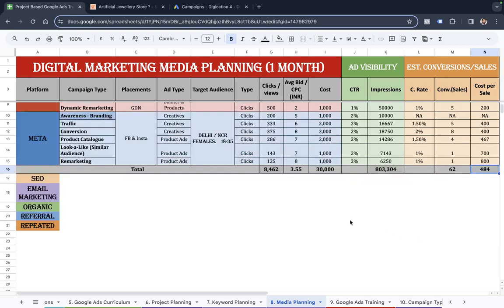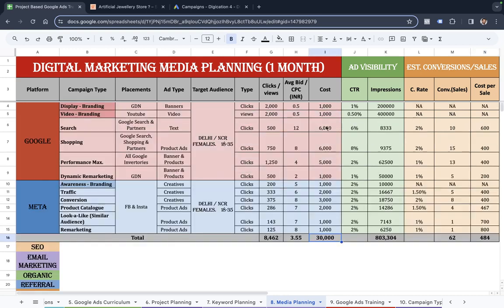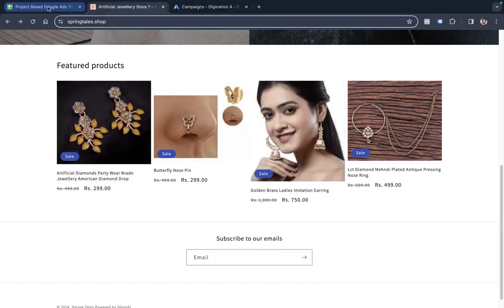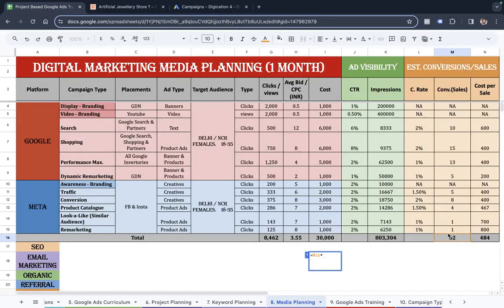So we are talking about spending 30,000 rupees on advertising and generating a revenue of 62 times, let's say the average order value for this website is around 350 rupees. If we sell 62 items, we make a revenue of around 20,000 rupees only.